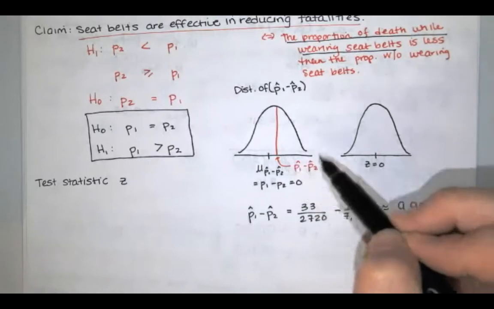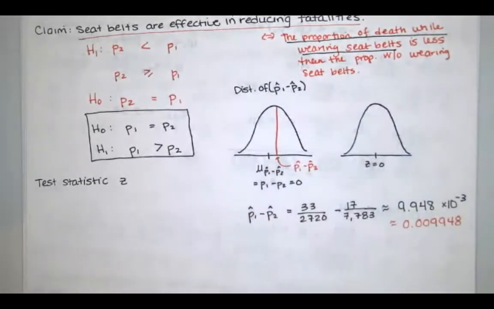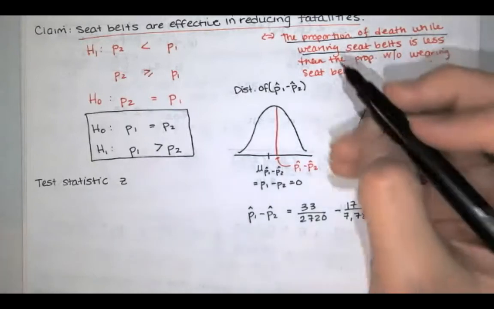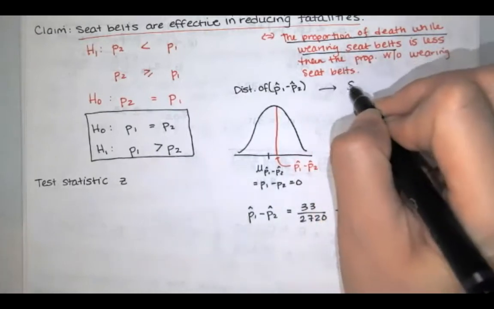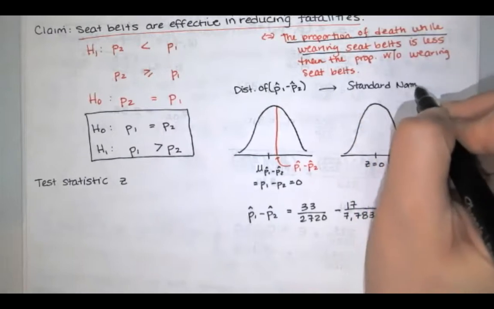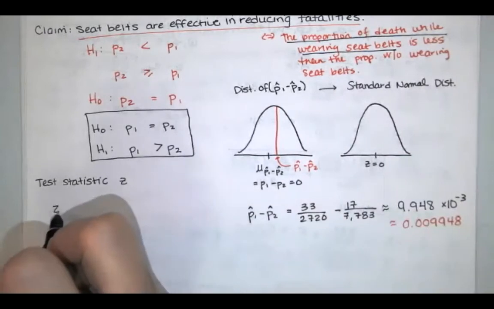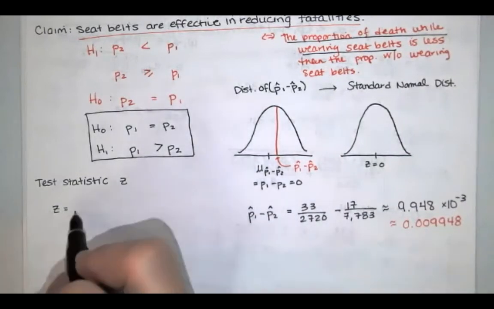The way we determine whether that's significantly high or not is we take this distribution of p sub 1 hat minus p sub 2 hat, and we convert it over to a standard normal distribution. And we do that in this way.